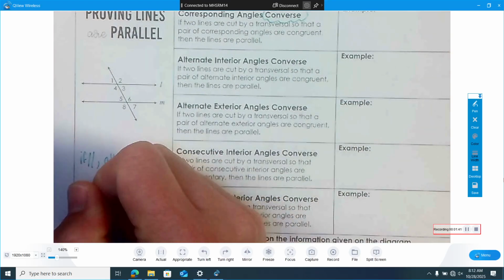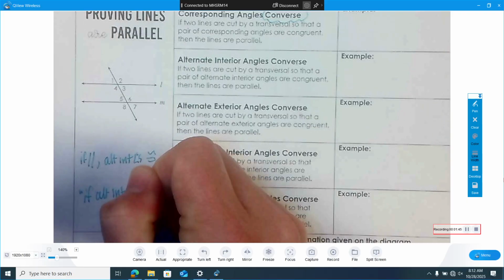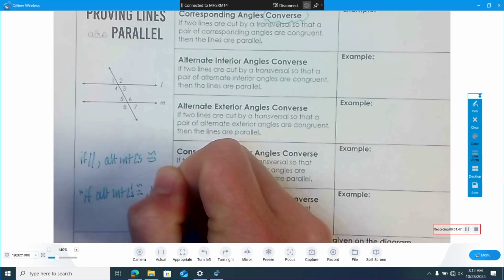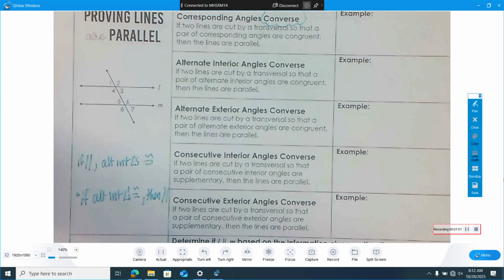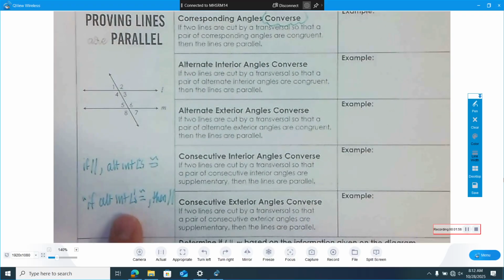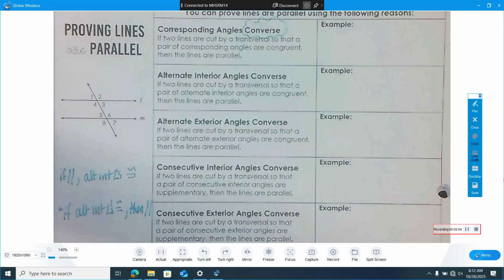Now we're using the phrase, hey, if alternate interior angles are congruent, then we must have parallel lines. All right? So now we're using it to prove lines are parallel. So if I have congruent alternate interior angles, then I know I must also have parallel lines. So same thing, reversed. So now we're doing it to prove lines parallel.